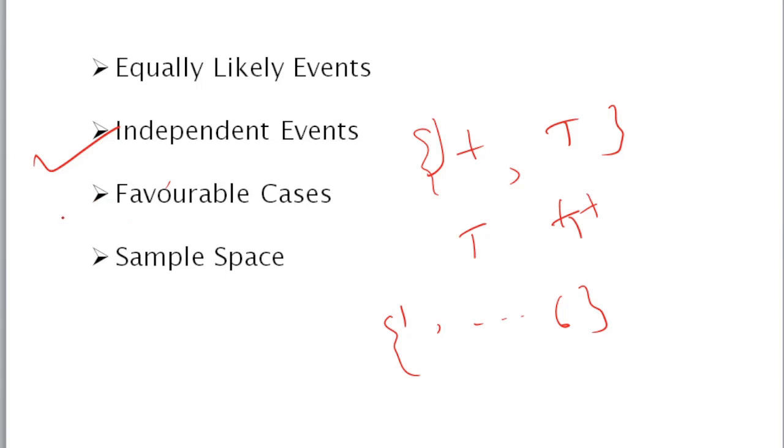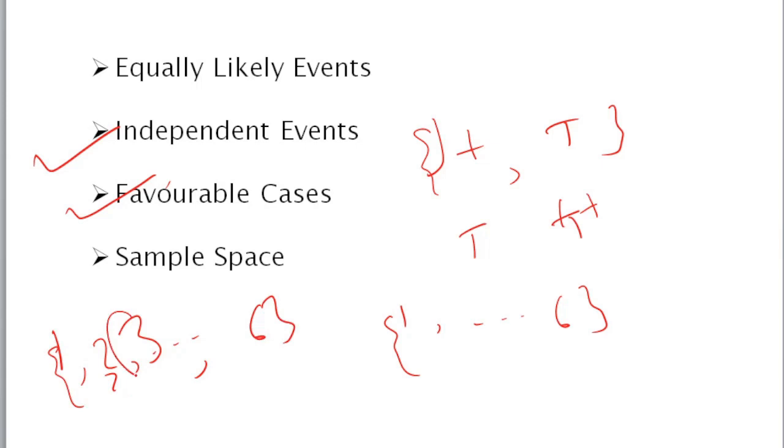The last one is favorable cases. Favorable cases are those cases which are related to the happening of events. If we consider a throwing a die problem, and we are interested in getting, suppose, a multiple of 3, there will be 1 up to 6 on the die.